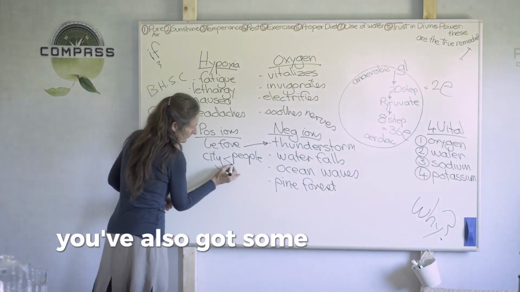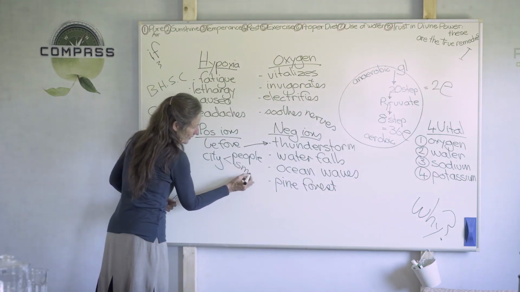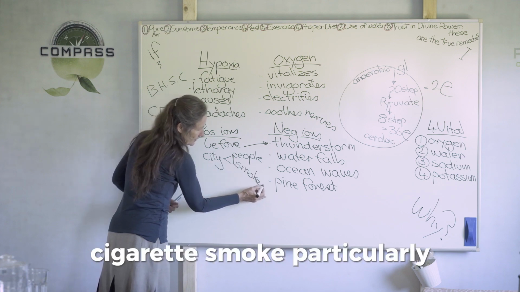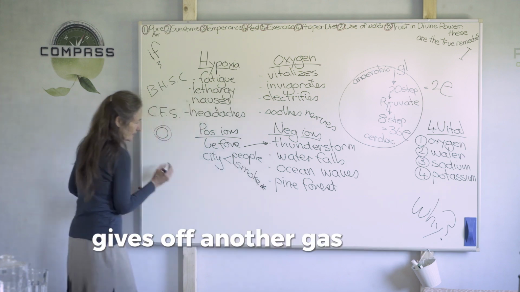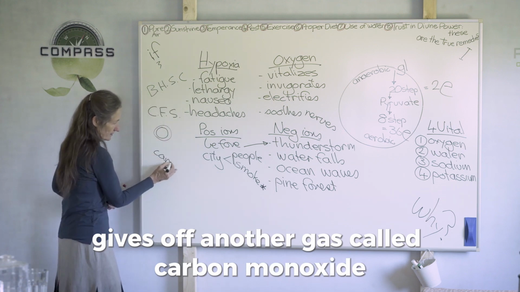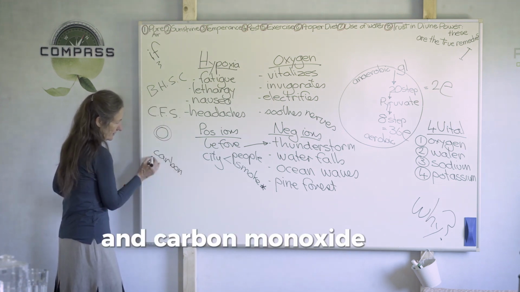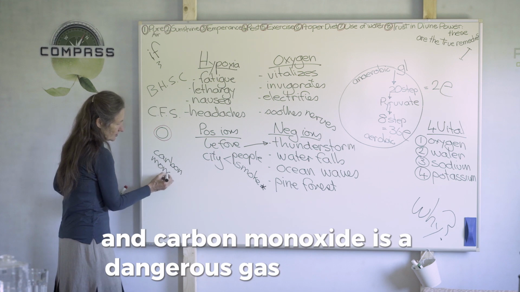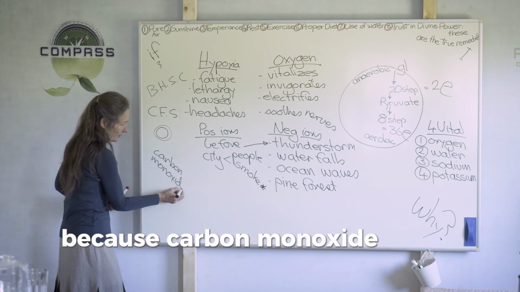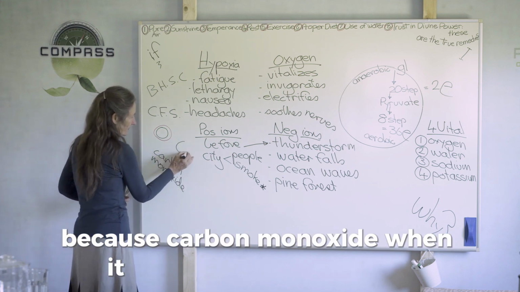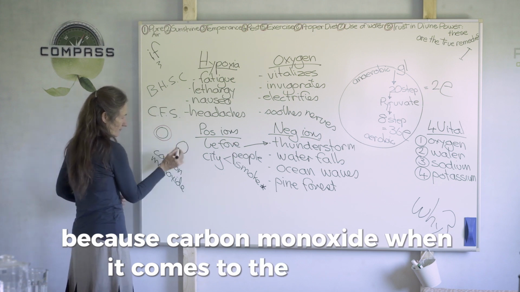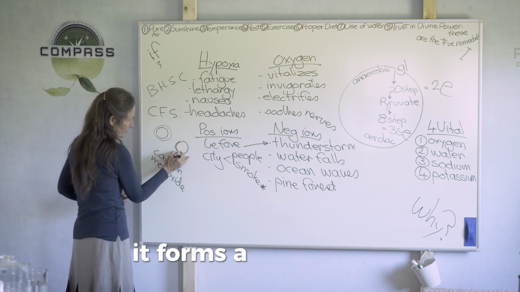You've also got some people who are smoking. Cigarette smoke particularly gives off another gas called carbon monoxide. And carbon monoxide is a dangerous gas to humans because when it comes to the blood cell, it forms a tight union.